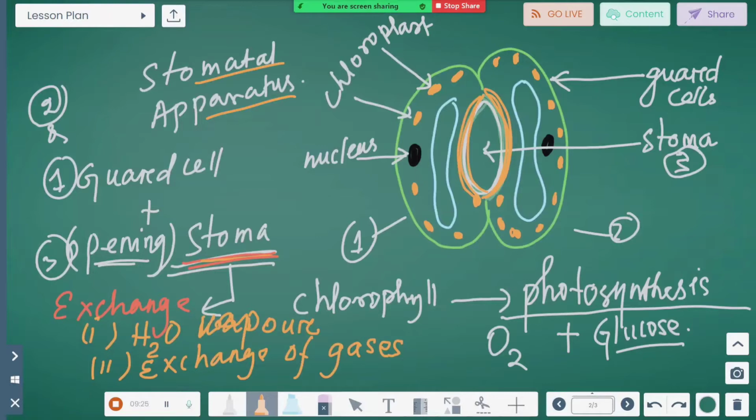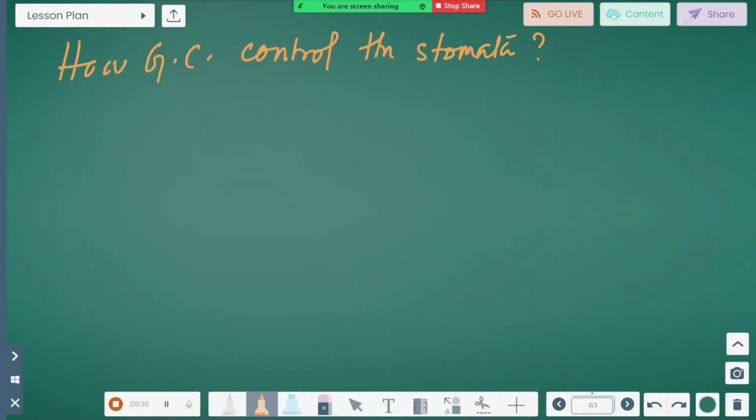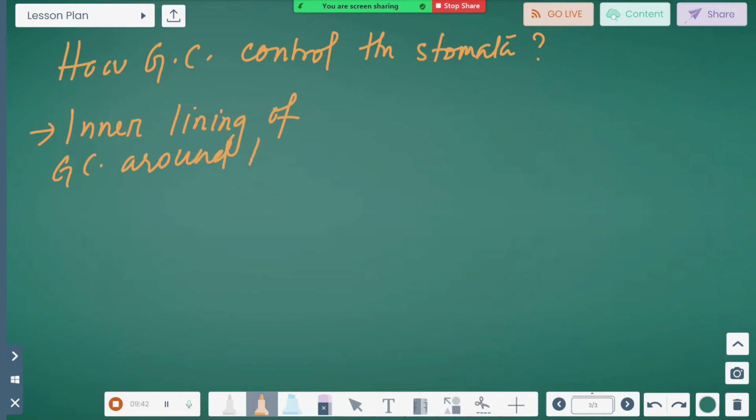Only that part I have drawn very thick, not the other parts. What is the reason? You can clearly write over here: the inner lining of the guard cell around the stoma is thick. No doubt in that. And if it is thick, then what?